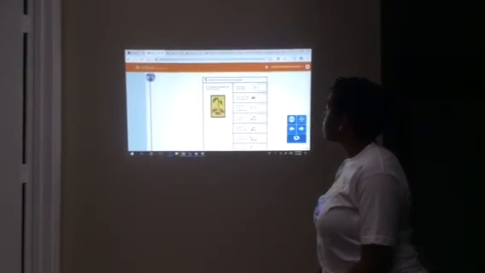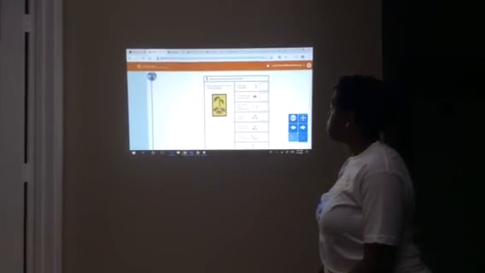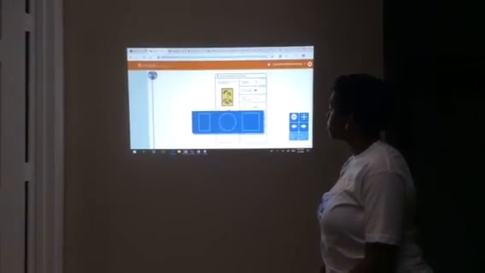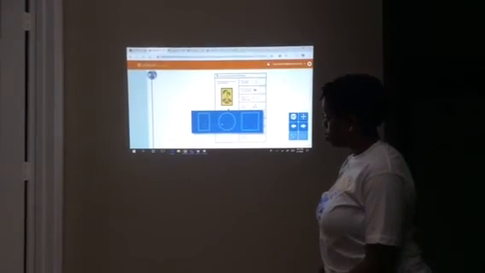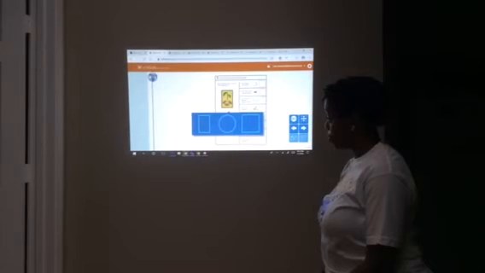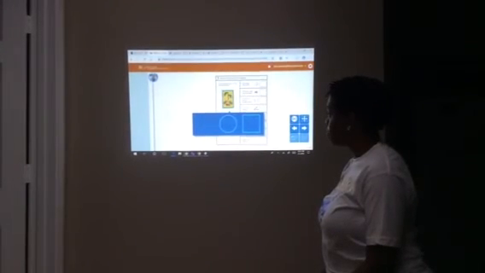Pick a shape and put it over the seed packet. So let's pick a shape. Is it a rectangle, a circle, or a square? Rectangle. You're right.